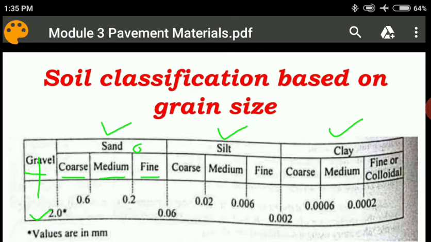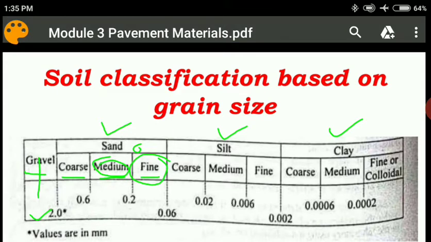And the particle grain size which is more than 0.6 and less than 0.2 is considered as medium sand. And similarly fine sand is the particles more than 0.2 mm and less than 0.06 mm.